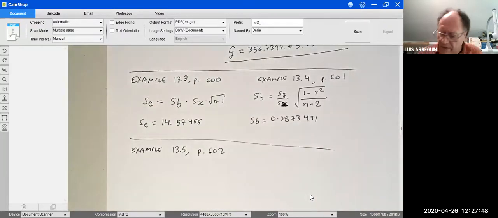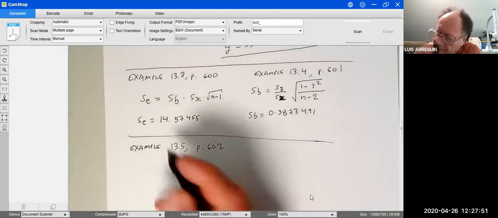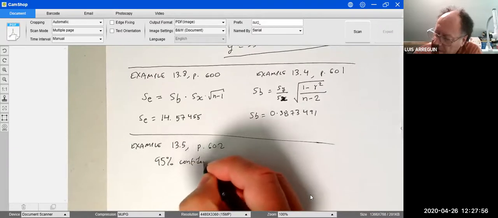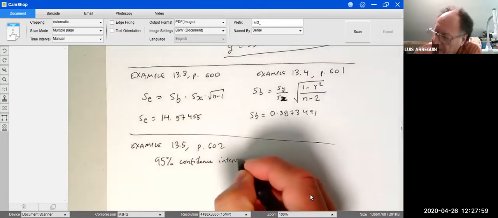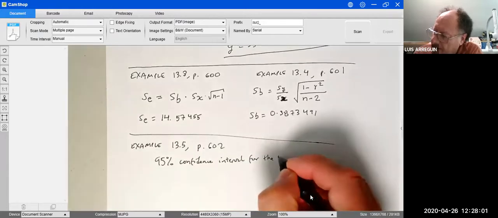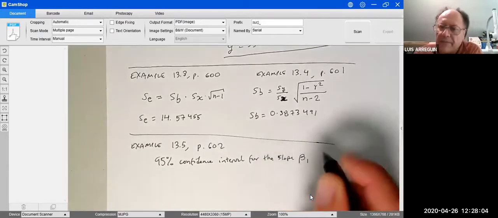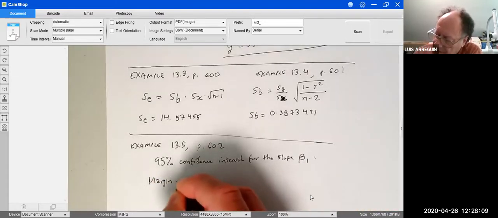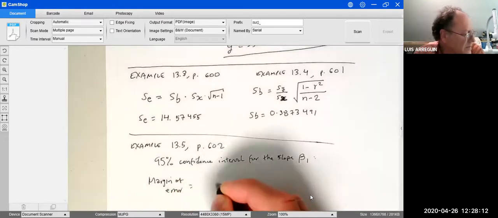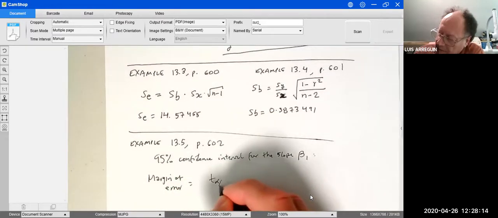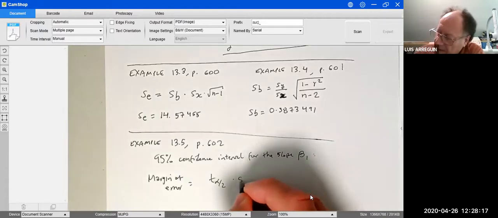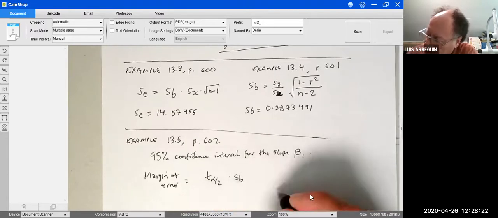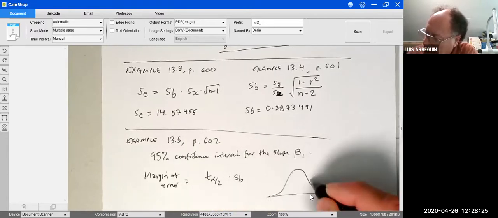We need to find, for a 95% confidence interval for the slope beta 1, the margin of error, which is t alpha over 2 times SB.